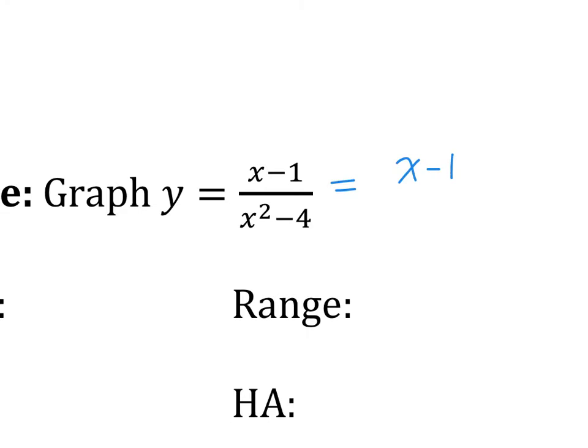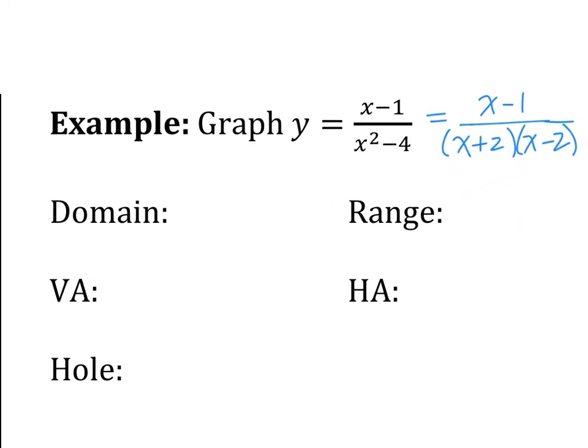We want to see what is going on in its simplest form. Okay, so now that we have it factored, what is the domain? Plus minus 2. All right, we're going to skip range because for now it's a little hard to see. Where do you think the vertical asymptote is? Plus minus 2 again.